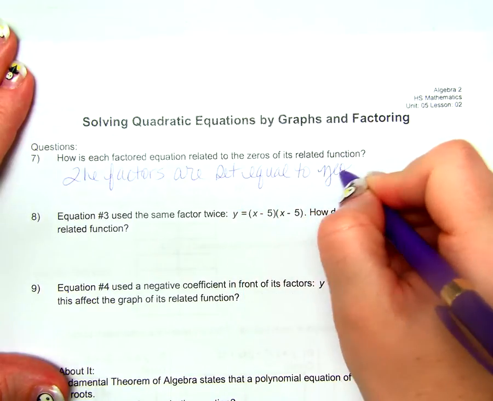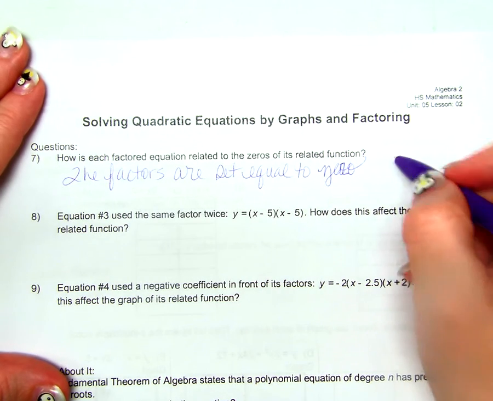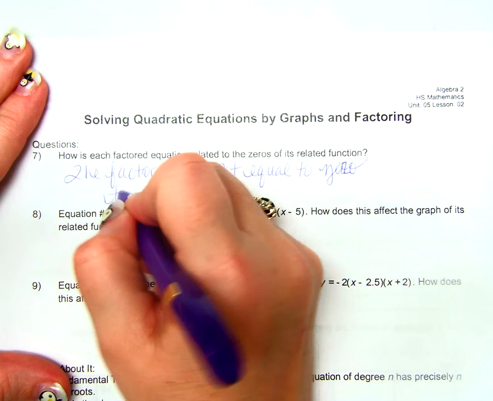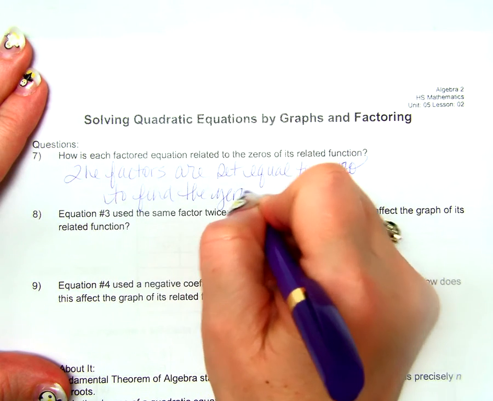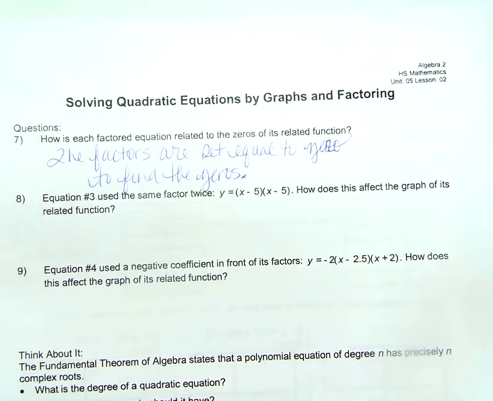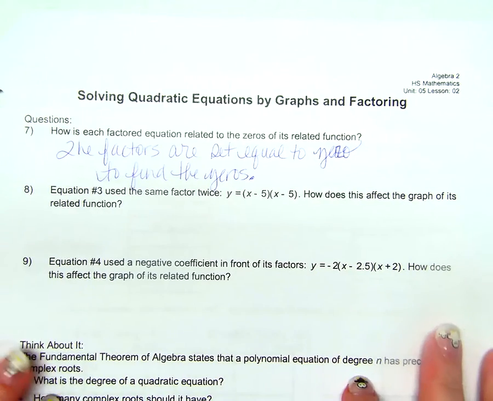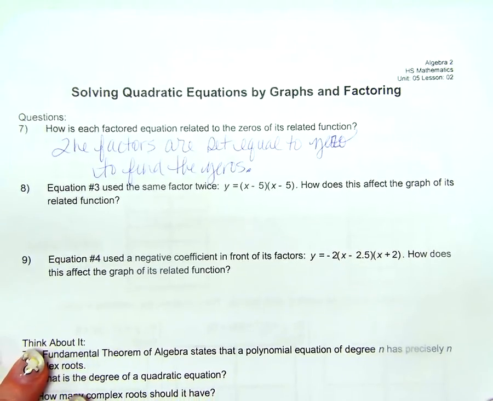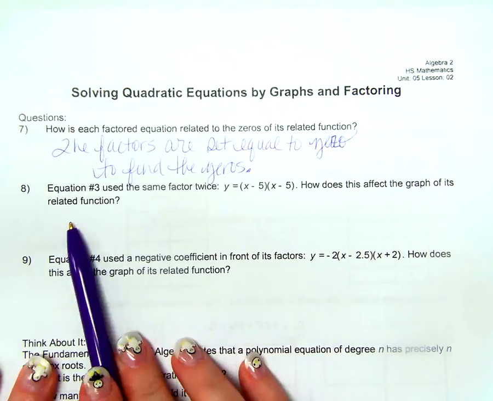To 0. If I could spell 0 right, that would be helpful. To find these zeros. Wait, the factors are set equal to 0. Wait, why are they called zeros? Because we're setting them equal to 0, right? That gives us a little hint about why they're called zeros.